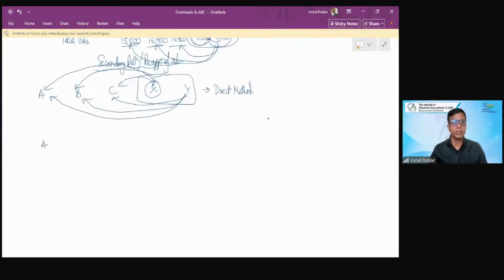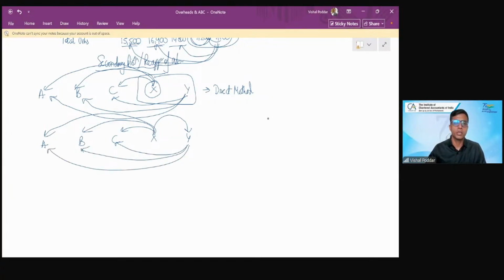Then comes the second possibility, the second method. In this second method, one of the service departments, let us say in my example X, is giving service to another service department, but the other service department is not giving service to the first service department.